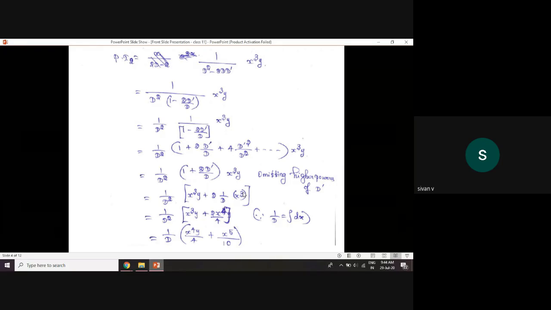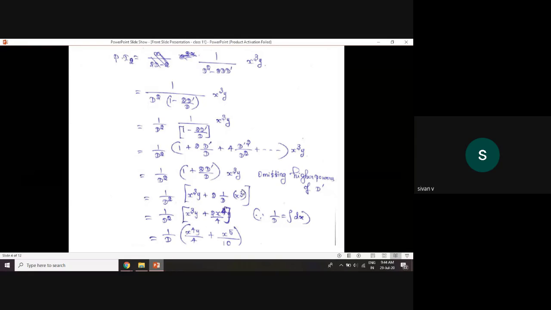But D dash of y is 1, therefore 2 into 1 by D of x cube. Second step: next 1 by D square as it is, x cube y as it is, plus 2 times x cube. 1 by D means integrating with respect to x, and 1 by D dash means integrating with respect to y. Students, remember that 1 by D means integrating with respect to x, and 1 by D dash means integration with respect to y.